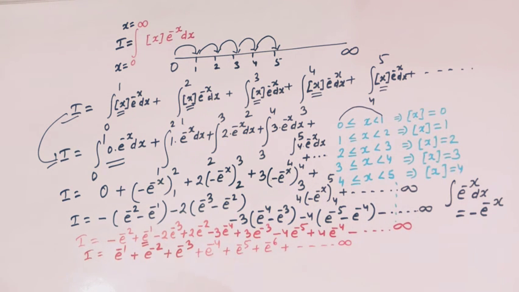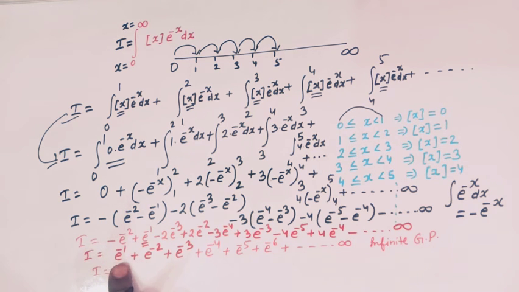Okay, so now we have this infinite series, and now if we see this series, then this infinite series is an infinite geometric progression, right? So this series is an infinite geometric progression whose first term is e raised to minus 1, right?